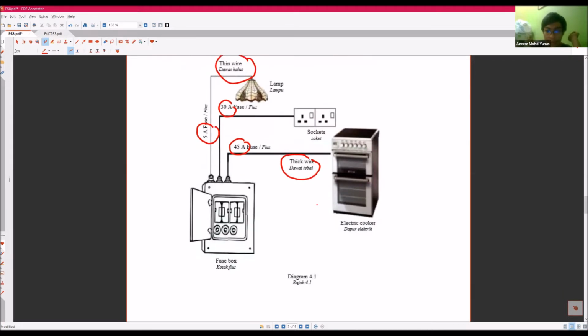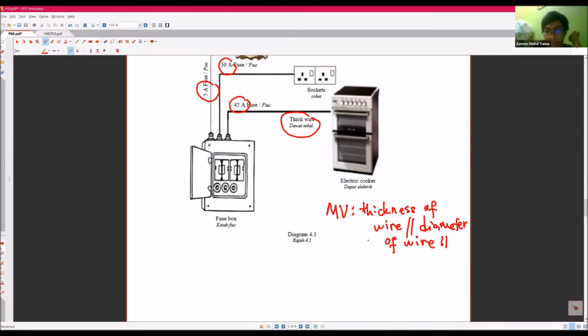Okay, so let's state it again, the MV based on the pictures. So the MV is thickness of wire, or we can say diameter of wire, or cross-sectional area of wire.